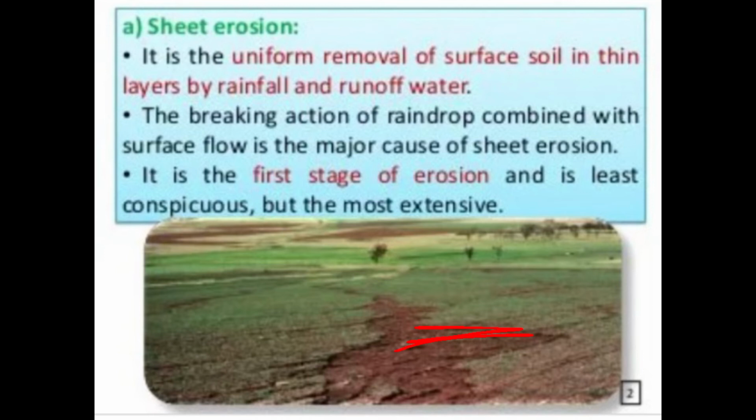The topmost layer of the soil is washed away by rain, by runoff or water movement. The breaking action of the raindrop combined with the surface flow is the major cause of sheet erosion. Sheet by sheet, layer by layer, soil is washed away.